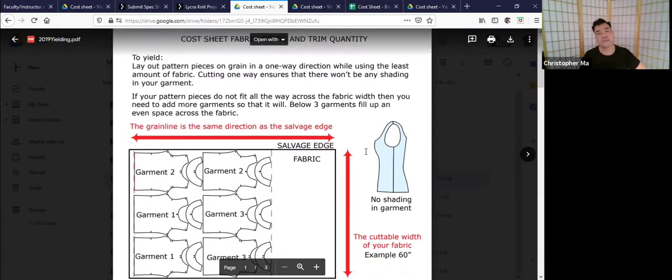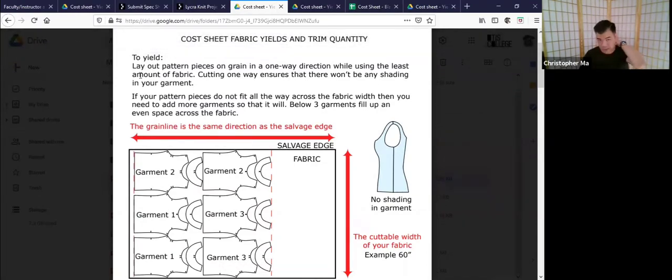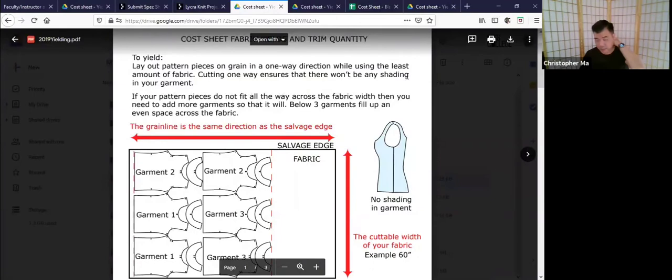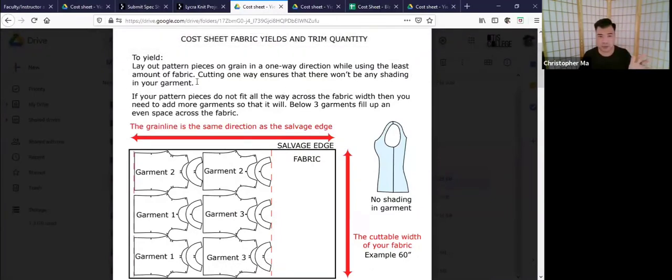To yield is basically to lay out pattern pieces on grain in a one-way direction while using the least amount of fabric. Cutting one way ensures that there won't be any shading in your garment. That makes sense. That's whatever I just read. Is that completely foreign to you? Any questions?